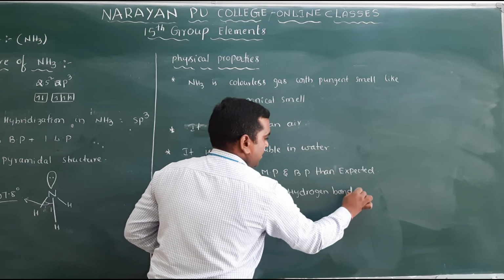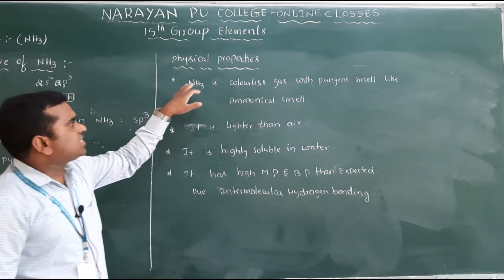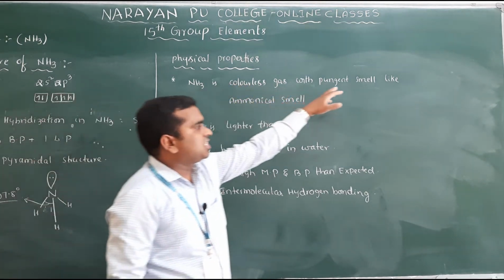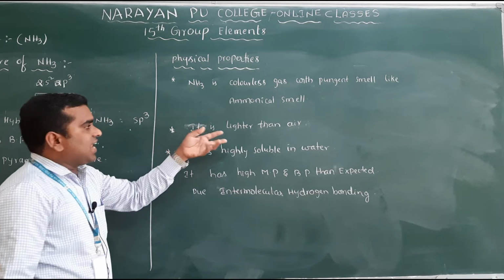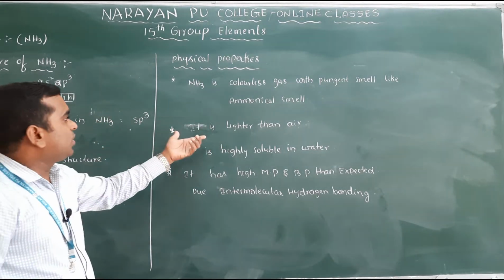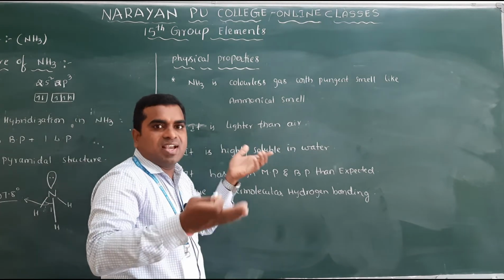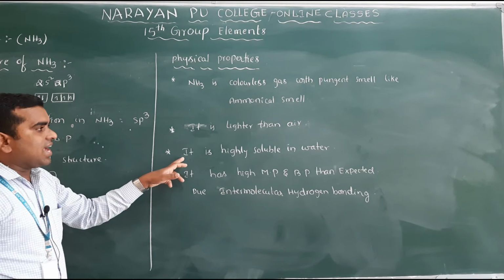These are the physical properties. How many are there? Four. Mainly, NH3 is a colorless gas with a pungent, ammoniacal smell, and it is lighter than air. So if you take air and ammonia, which gas easily escapes? Ammonia gas can easily escape. And it is highly soluble. Why?